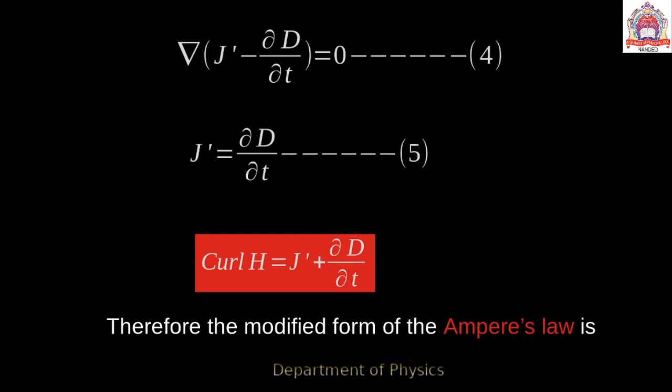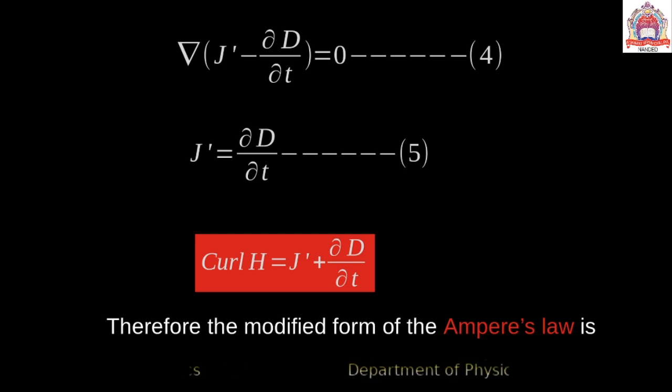The second important term in the final equation, curl H is equal to J plus dou D by dou t, is the displacement current, which is related to the electric field, where D is the vector field.